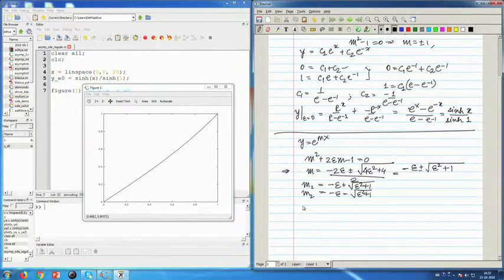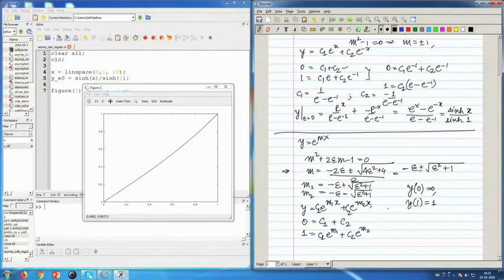So then the solution y equal to c1 e raised to m1x plus c2 e raised to m2x, and using the same boundary conditions, y(0) equal to 0, y(1) equal to 1, we obtain 0 equal to c1 plus c2, and similarly 1 is equal to c1 e raised to m1 plus c2 e raised to m2.